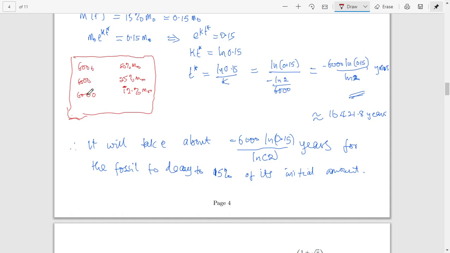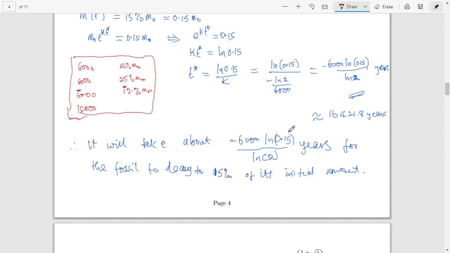Now 6,000 plus 6,000 plus 6,000 is going to give me 18,000 years. However, we're looking at a time interval at this point. So it's between 12,000 and 18,000, and it's a little bit closer to 18,000 because 12.5 is closer to 15 than 25.